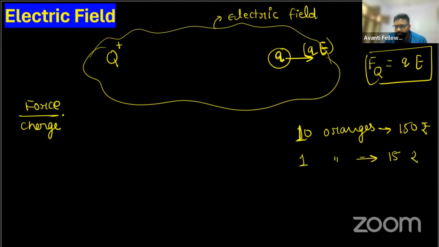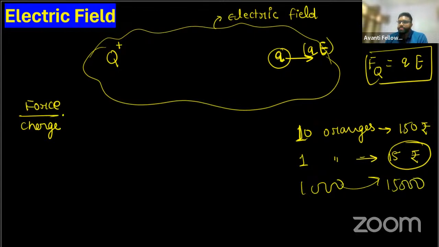It will be 15 rupees. Now, you know the value of price per unit. Per unit orange, you have to pay 15 rupees. So now, whatever the number of oranges are there, you can calculate the price. Suppose 1000 oranges का price आपको पता करना है. So it will be 15,000 rupees.